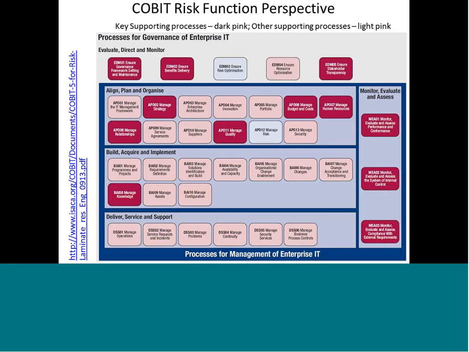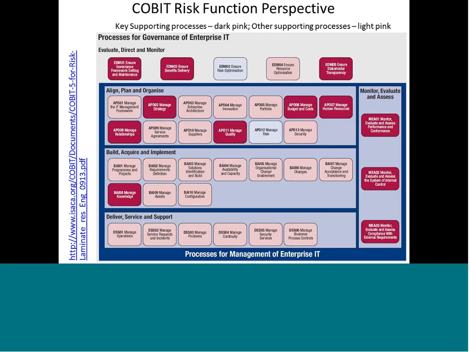So here, the ones that are particularly relevant to the risk function, setting up the risk function, are the ones in dark pink. The supporting ones are in light pink, and then there are some that are not so relevant.